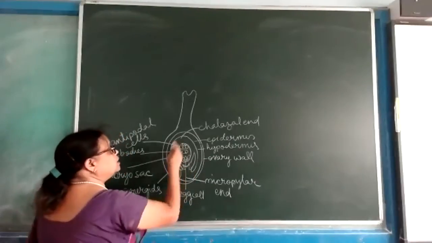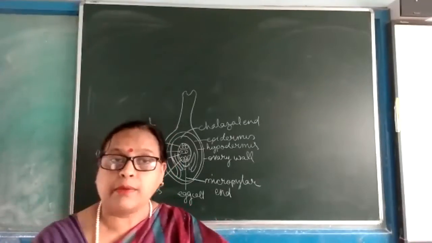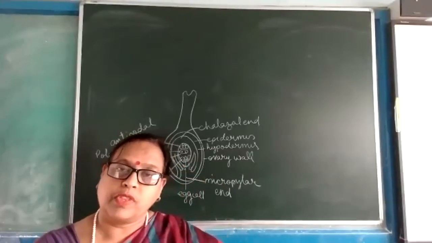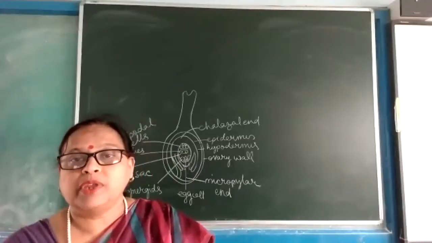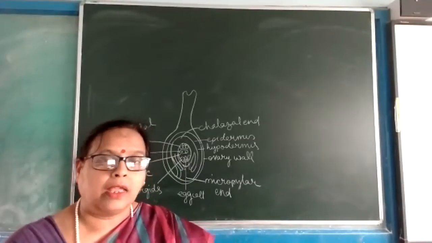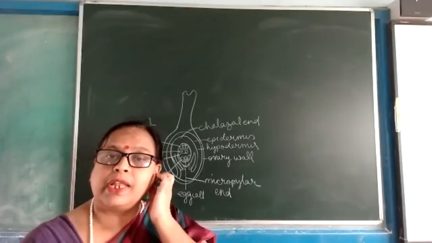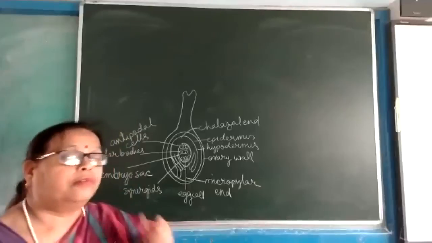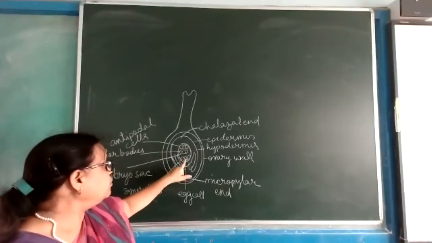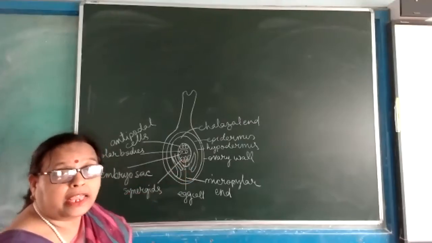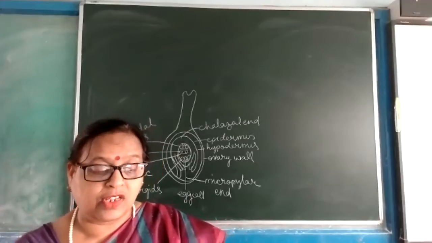Then the nuclei will enter into the ovule, into the embryo sac, through the synergids. The synergids' role is to give passage to the male nuclei to enter into the embryo sac. One of the nuclei will fuse with the secondary nucleus, and one of the nuclei will fuse with the egg. And so there will be double fertilization.